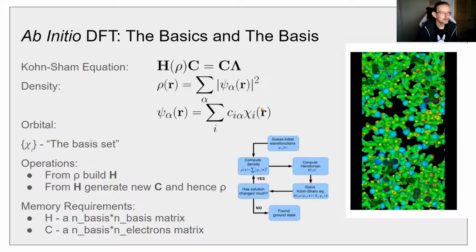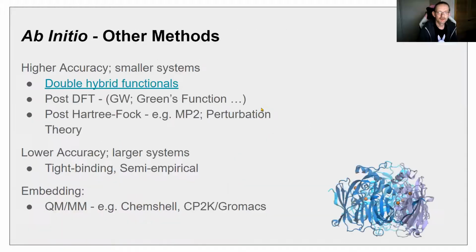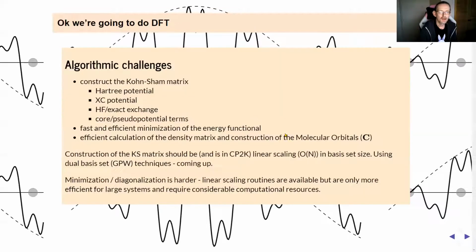So the steps that are required to do this are essentially the construction of the Kohn-Sham matrix, the Hamiltonian matrix, given our input density, and then the minimization of the orbitals of the density to find the variational ground state of the system.